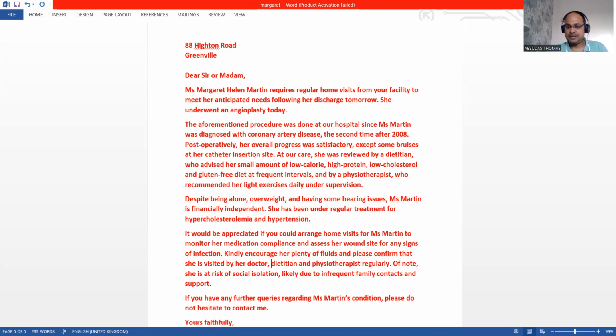That's the reason we have included it, or else it's not actually needed. So we just needed the dietary requirement, the exercise requirement, and other requirements. All these things we have done there. We have outlined the condition of Miss Martin, and we have outlined what she needs after her discharge tomorrow.